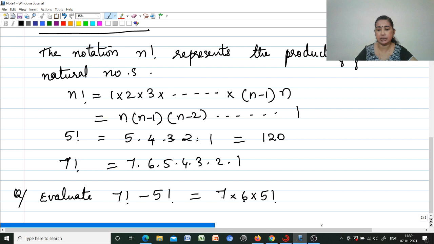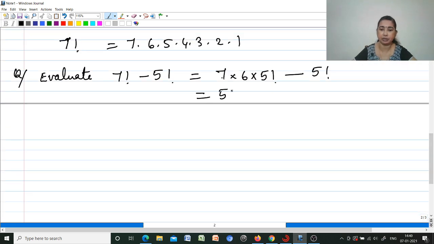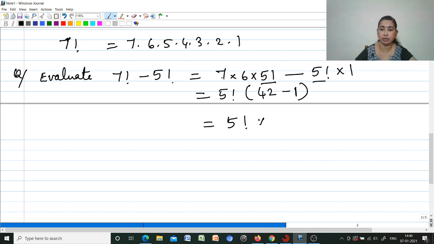So we can write 7 into 6 into 5 factorial, minus the last term, 5 factorial. In both terms, 5 factorial is common and can be taken outside, leaving 7 into 6, which is 42, minus 1. Why is this 1 here? Because 5 factorial means 5 factorial into 1. Taking the common term outside, we get 42 minus 1, and the answer is 5 factorial into 41.